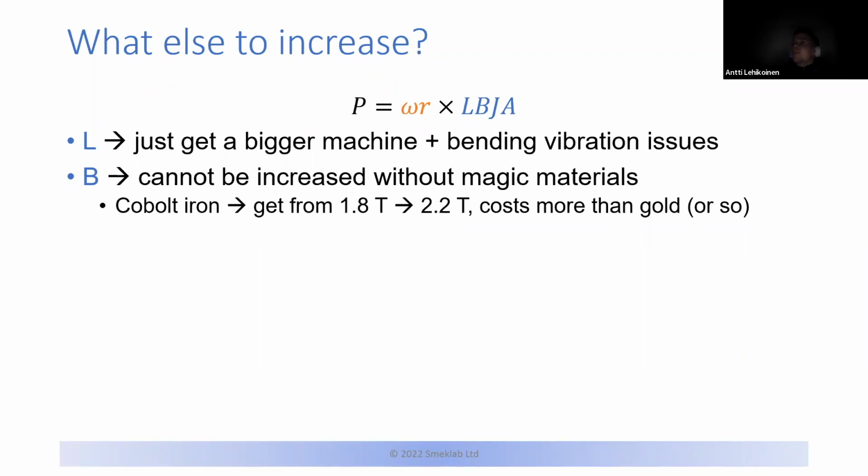Normally, it's about 1.8 Teslas for common materials before you start to heavily saturate your iron. If you move to cobalt iron, you can shift it up to 2.2 Teslas or something, but pay an absolute ton of money for that. And as you can see, the performance gain is quite marginal, to be honest.